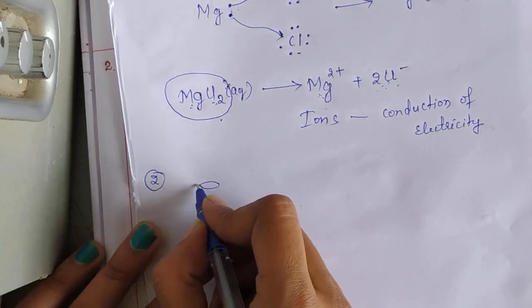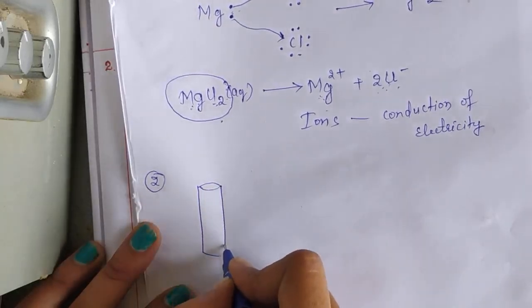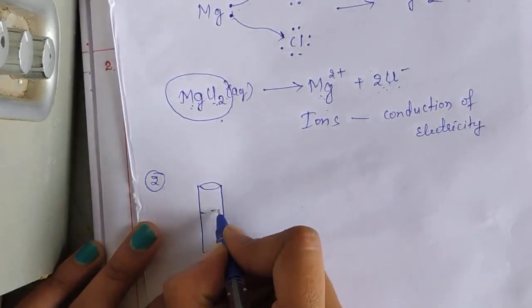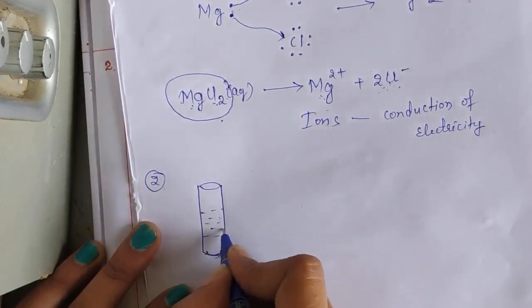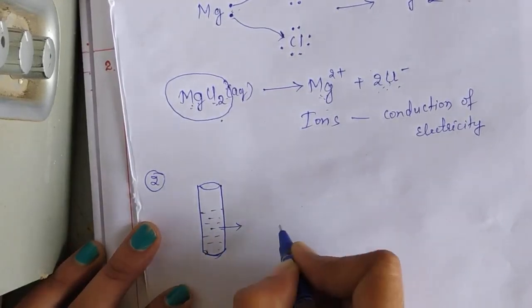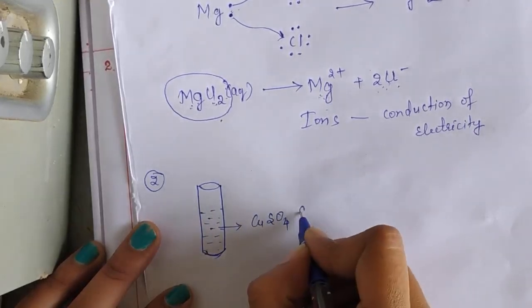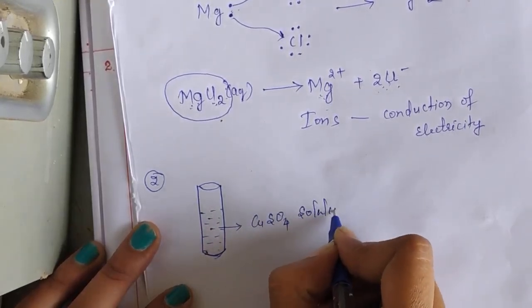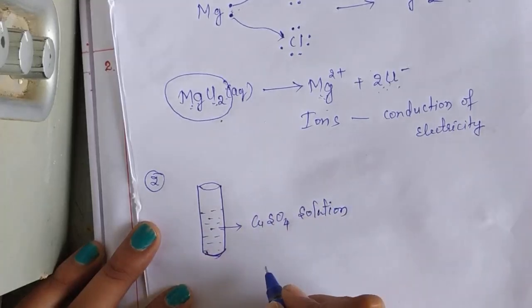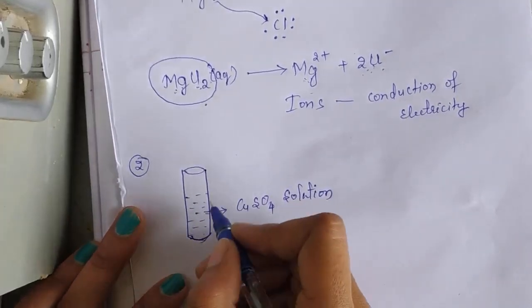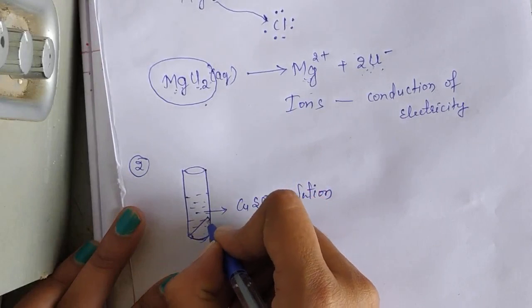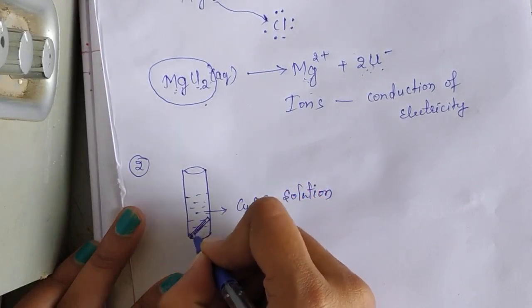In one test tube, they have taken copper sulfate solution, and inside this test tube one metal rod is placed.